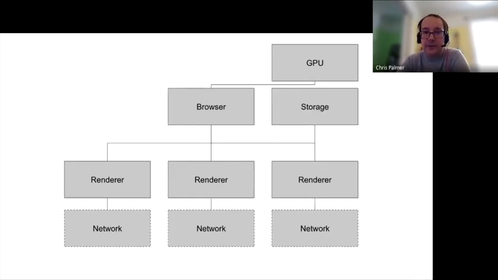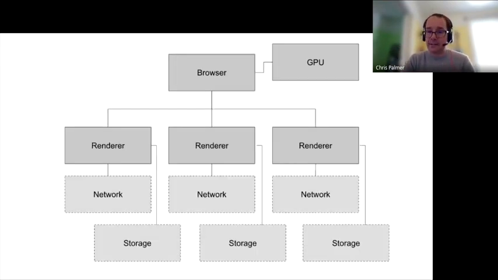Similarly, we're creating a new storage process to support all the web APIs that handle storage, like local storage, cookies. There's an IndexedDB database API for the web. That stuff is also complicated and makes sense to put in its own process, so that's happening.